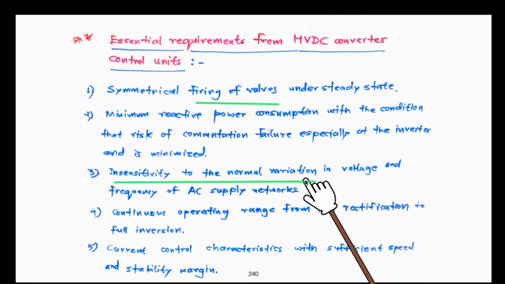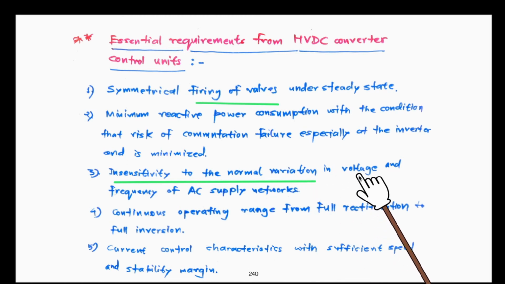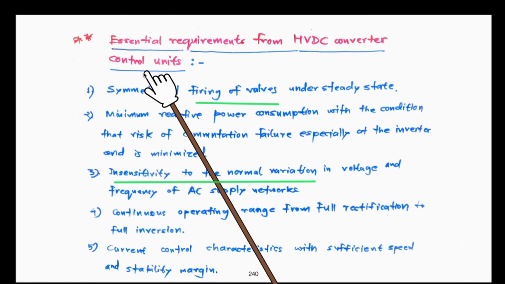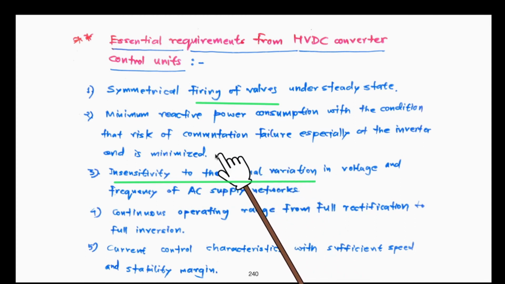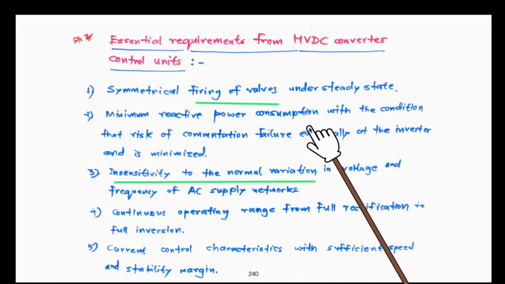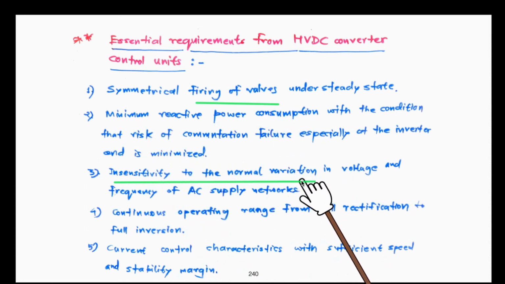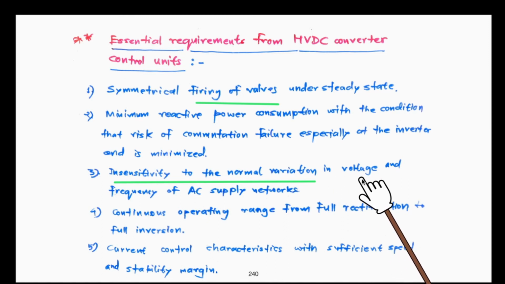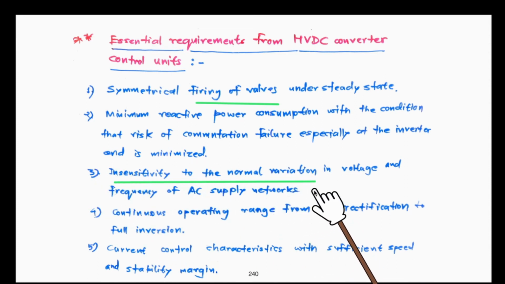So if there is some normal variation, maybe 5-10%, the HVDC converter control unit should be insensitive to normal variation. If the firing angle keeps adjusting to track even normal variation, naturally it will lead to consumption of reactive power. It will lead to frequent variation in the DC current, as on the AC side some load changes and frequency changes are continuous, and a particular value can be treated as a normal variation.